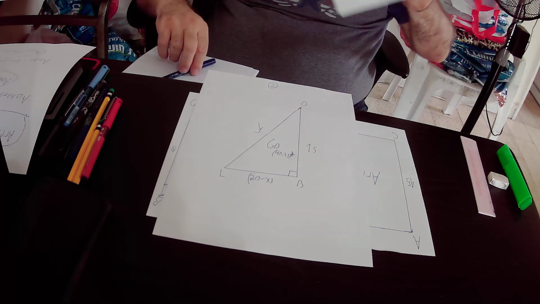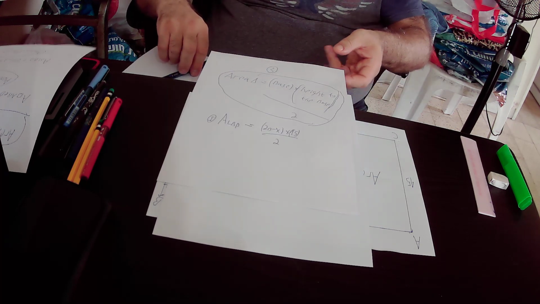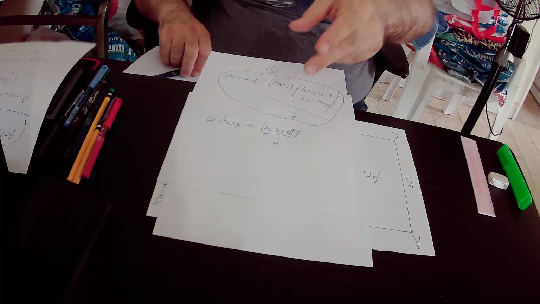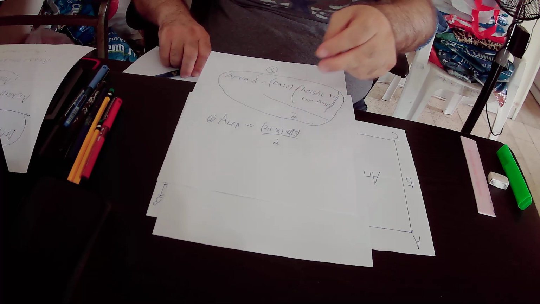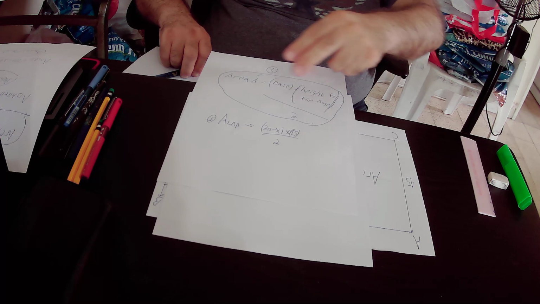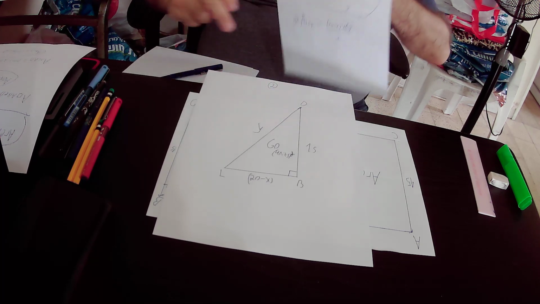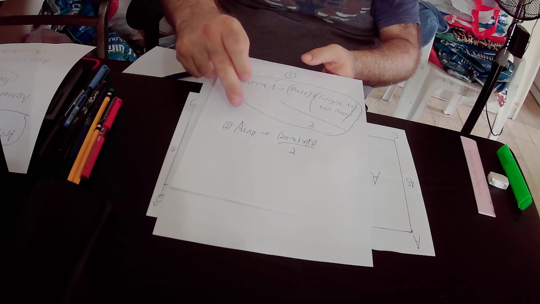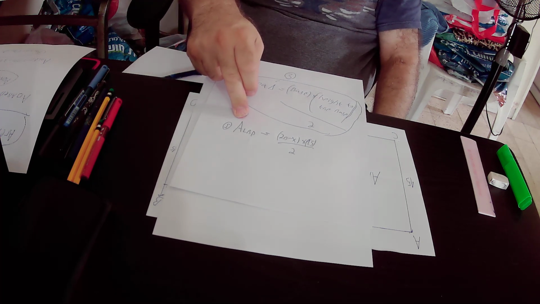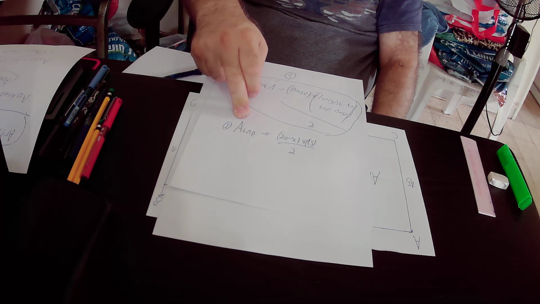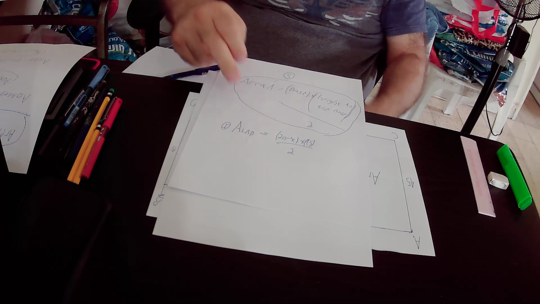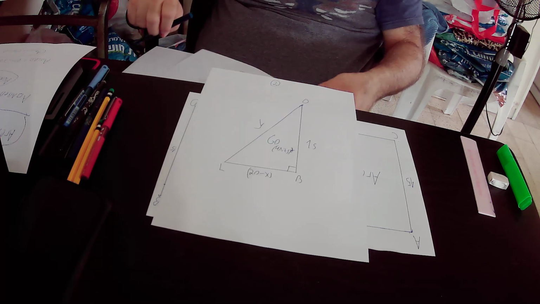Okay, so this is the formula for the area of this right triangle LBD, but we know that the area of the right triangle LBD equals 60 units squared, so we can substitute the area of LBD by 60.